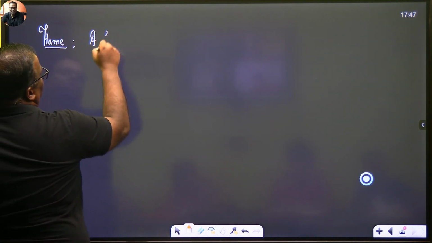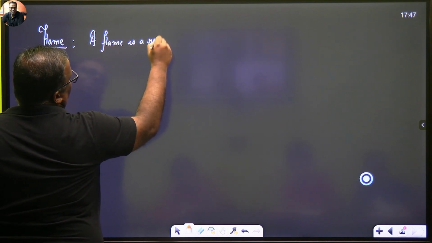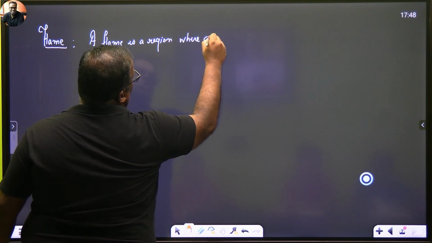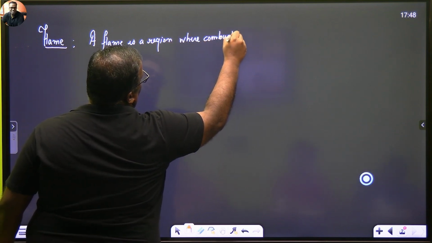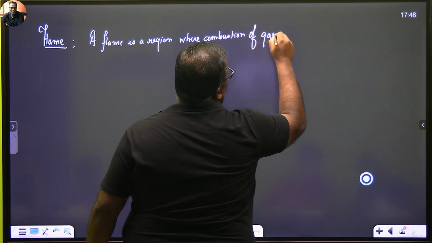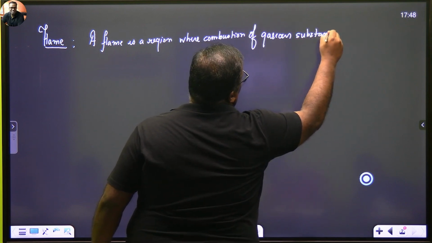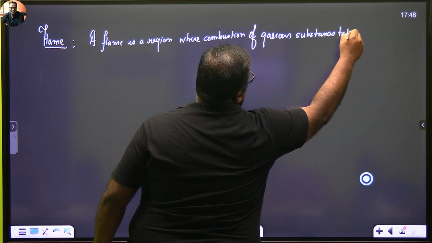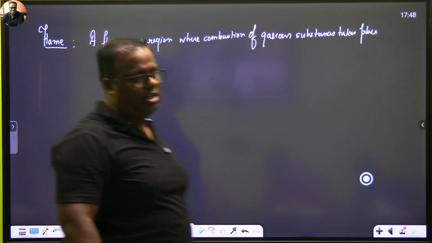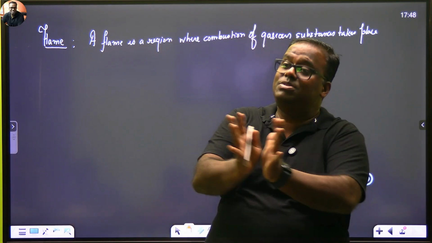A flame is a region where combustion of gaseous substances takes place. So it makes your understanding now absolutely clear that if you see flame when you're burning something, that means there is gaseous substance in that place.